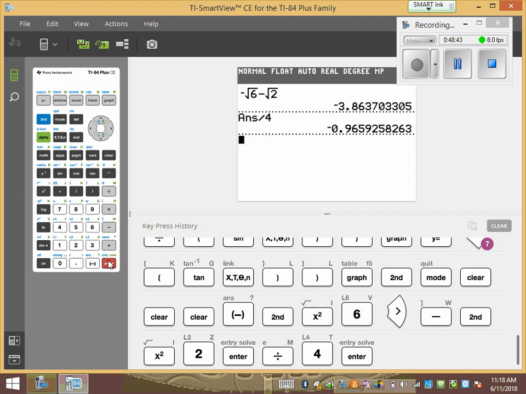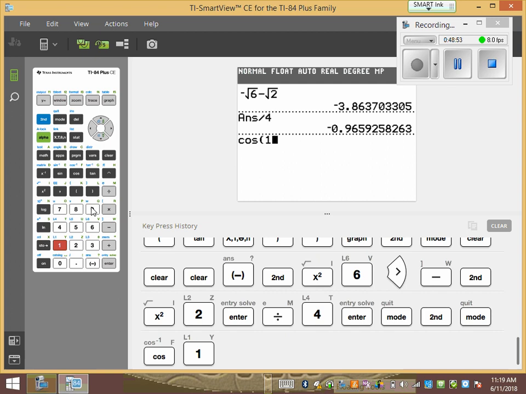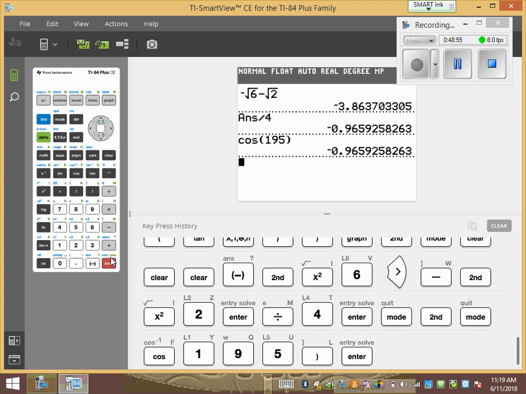What was the original? Cos 195 degrees. So what do I need to be in? Degree. So I already am. Cos 195. Same decimal, right? If I ask you for cos 195 to the nearest hundredth, you could just type it in. They aren't going to. They're going to ask for exact values, make you do all the work. Okay?